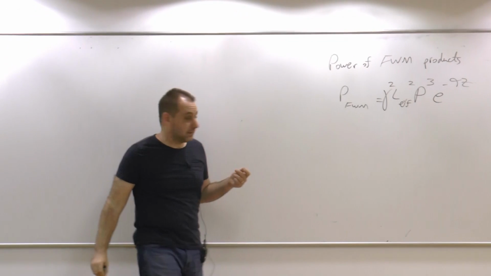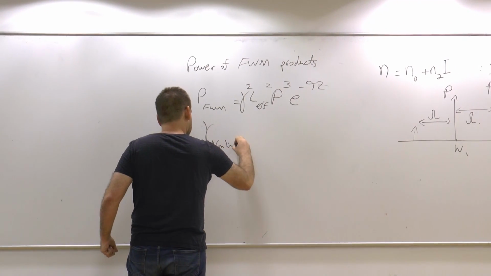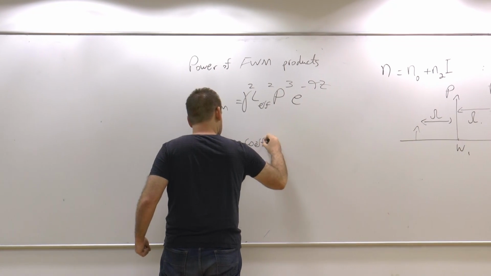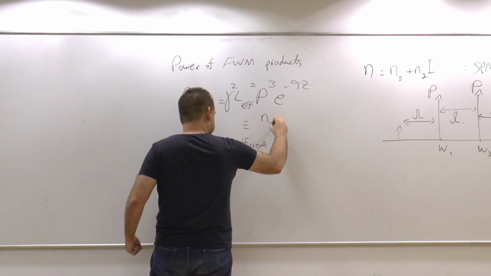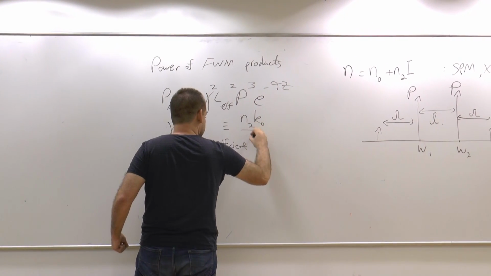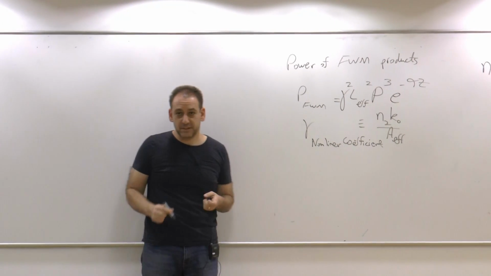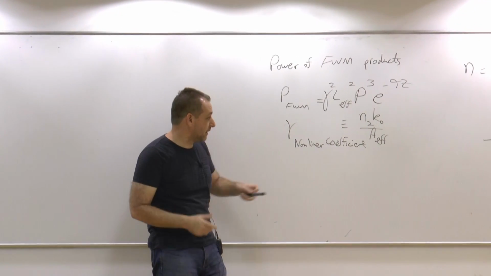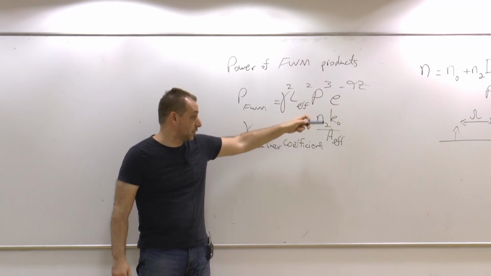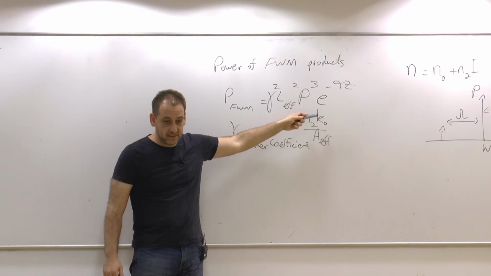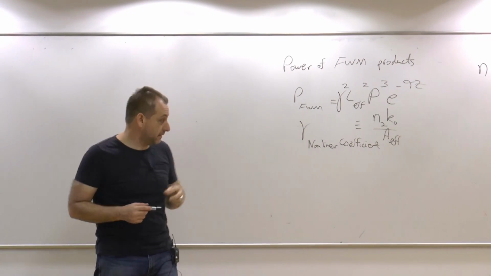You remember what these are. Gamma is the nonlinear coefficient. In the waveguide, it's simply n2 times k0 divided by the effective area. Now, this parameter combines material attributes and our choice of frequency and the geometry of the waveguide that we fabricated.